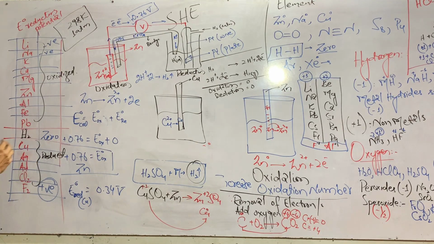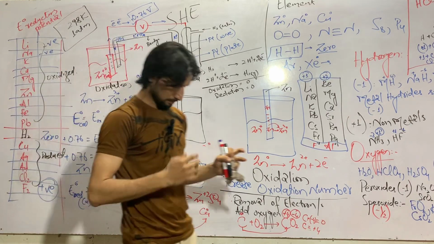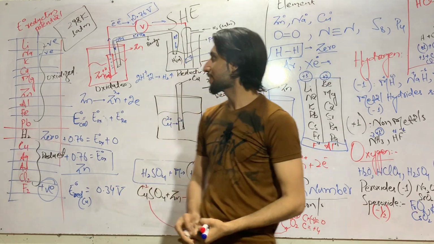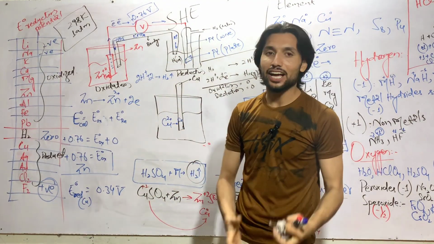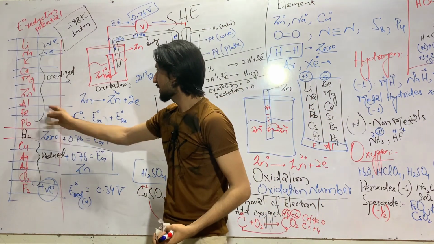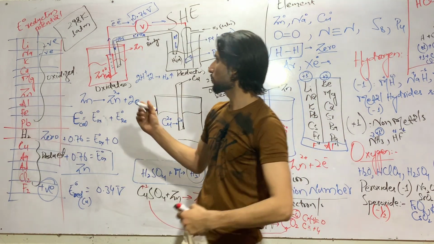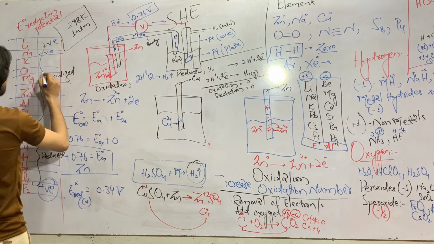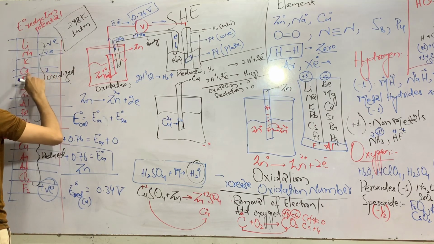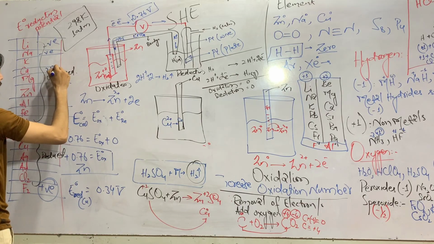Now with the chart, this becomes so interesting. From this chart, I can create voltaic cells by combining any two of these elements. Suppose the reduction potential of calcium is, I think, 2.17 or something.